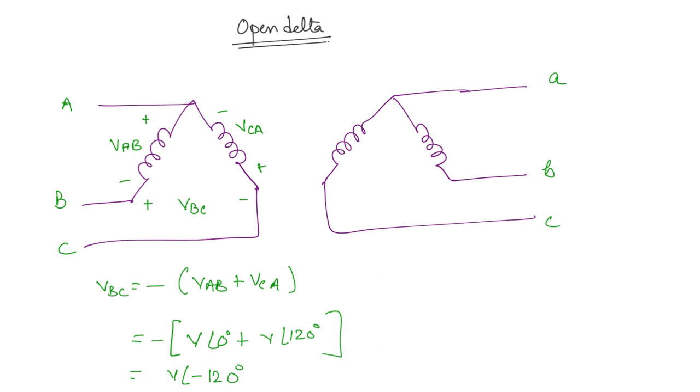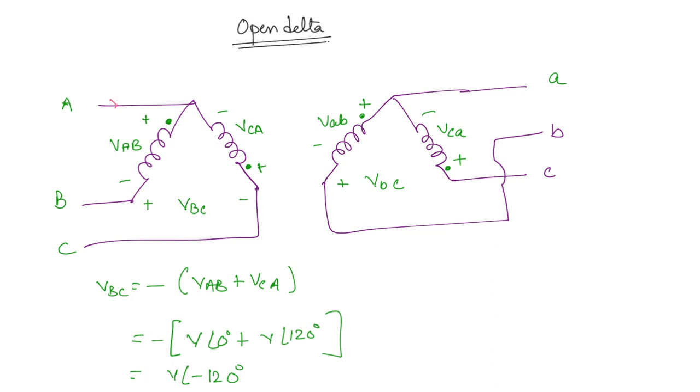Here this was a wrong representation; this is going to be the B terminal, this is going to be B and this is going to be C. So now you have voltages VAB here, this is going to be VBC and this is going to be VCA. You can mark the dot convention as well, with one dot at each winding end. So the voltages form a 3-phase supply.